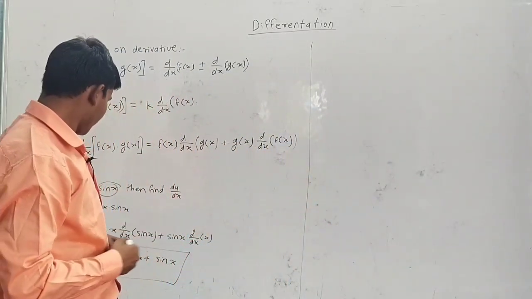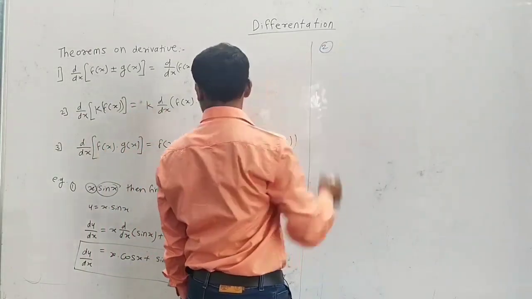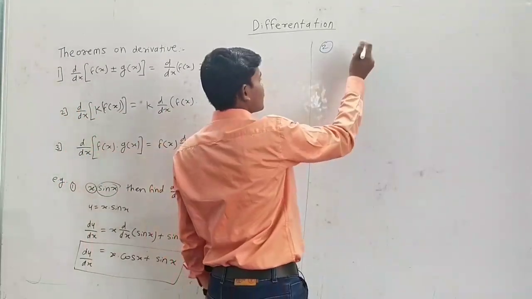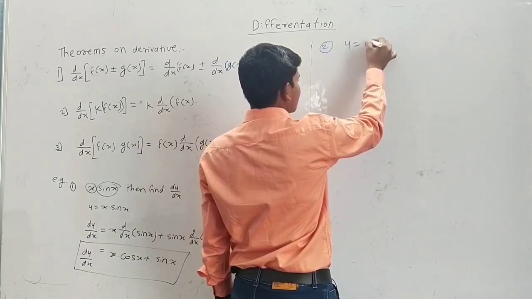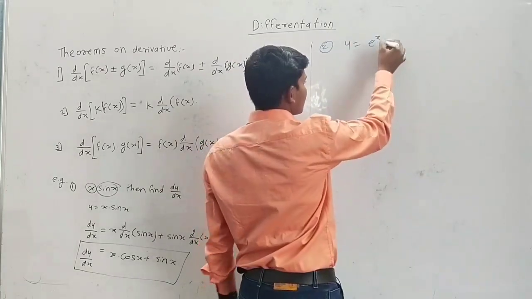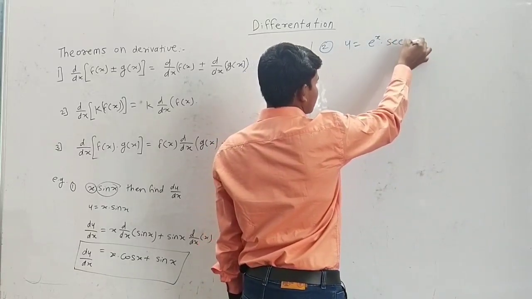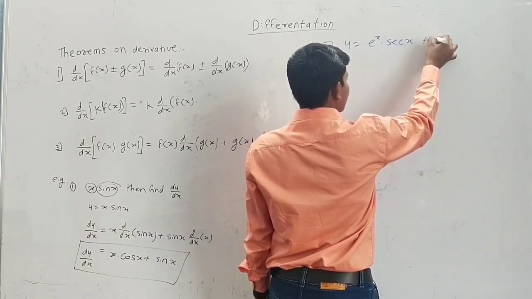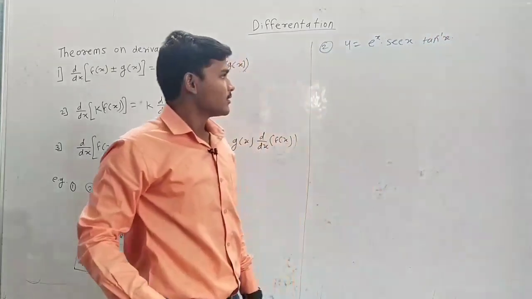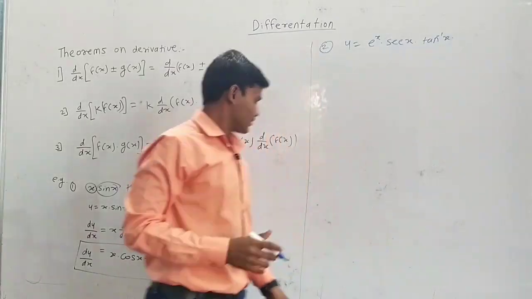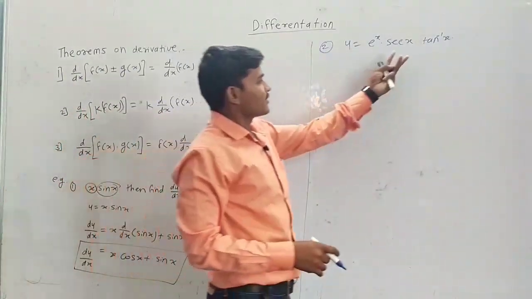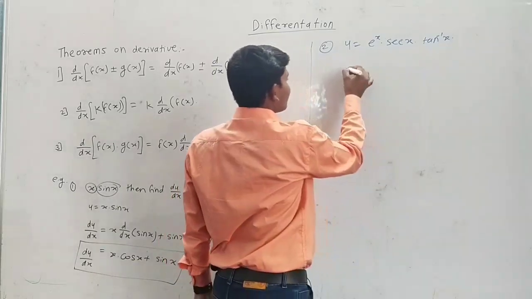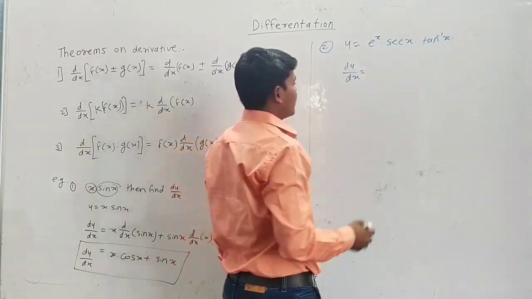Now the second example, if I take three terms here, y equals e raised to x into sec x into tan inverse x, then we have to find dy by dx.